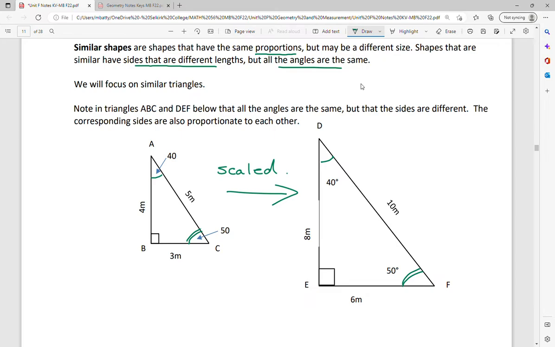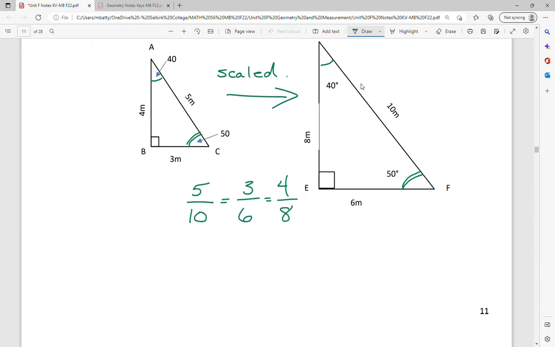So this scaled up version, if I take the longest side of the small triangle and put that over the longest side of the larger triangle, and I take the smallest side of the small triangle and put that over the smallest side of the large triangle, and then the medium side over the medium side, what I can find is that these sides are proportionate to each other.